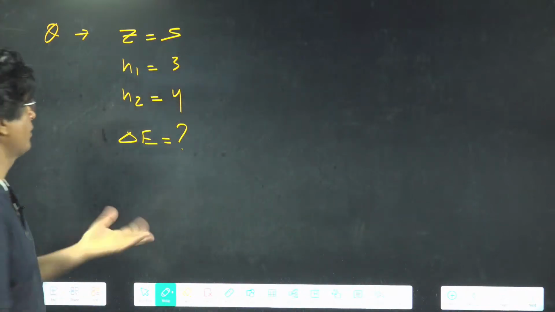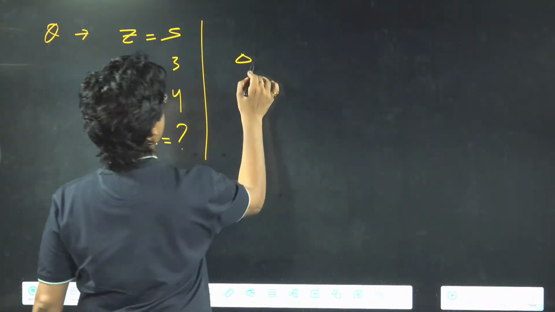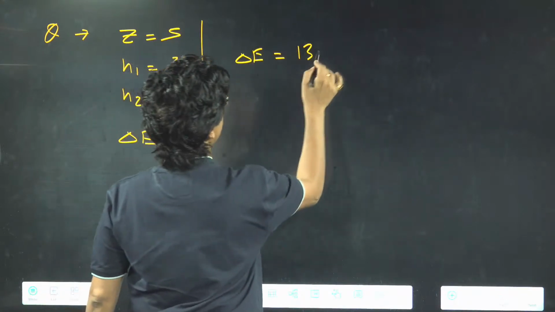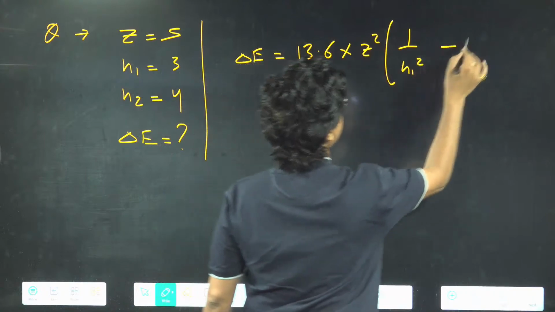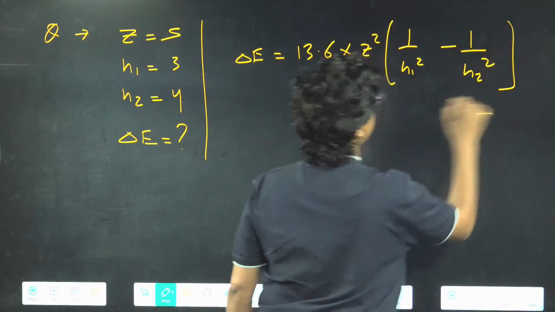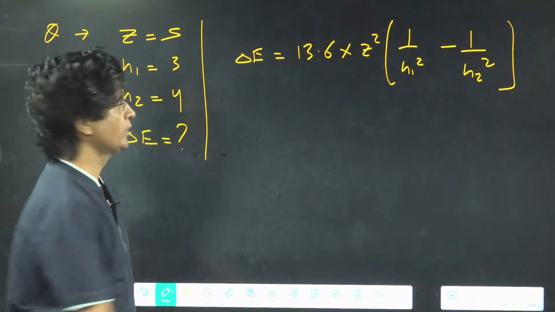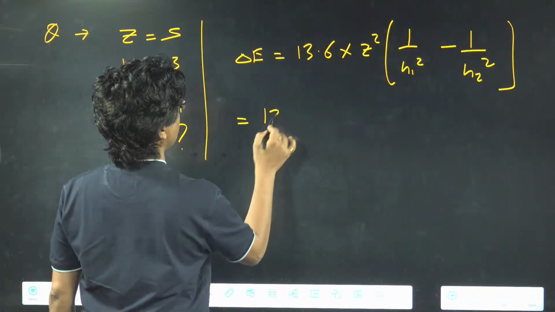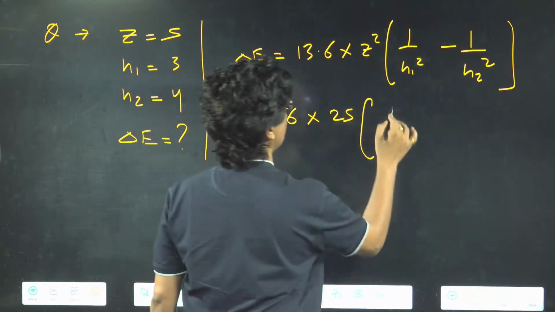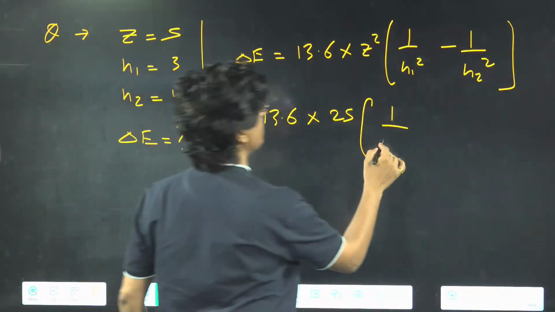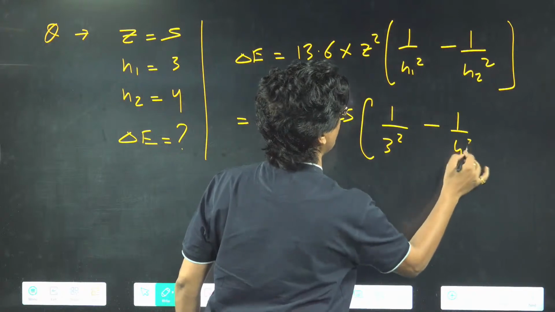Very simple one. How you'll do it? We all know that delta E is equal to 13.6 into Z square, 1 upon N1 square minus 1 upon N2 square. So can you put over there 13.6 into Z square? That will be 25 into 1 upon N1 square, that means 3 square, minus 1 upon 4 square.